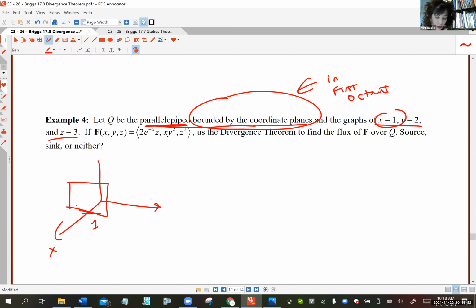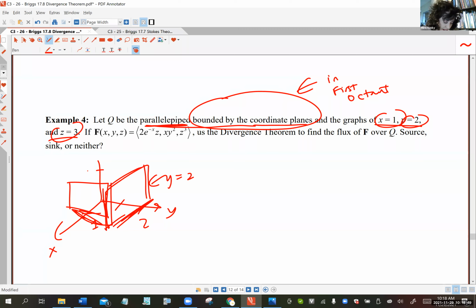So that's going to be one of the sides. And then the plane y equals 2, another vertical plane. And then the third plane, z equals 3, is going to be basically the top of the box.